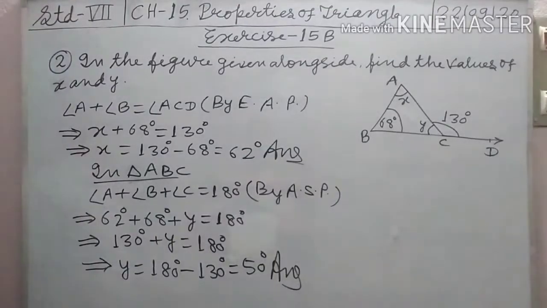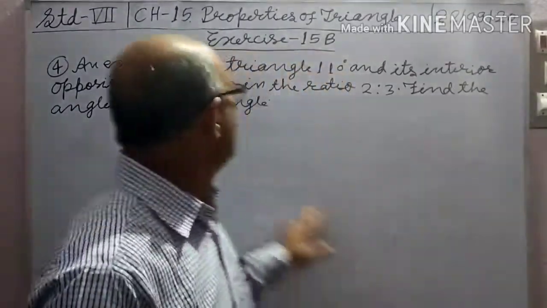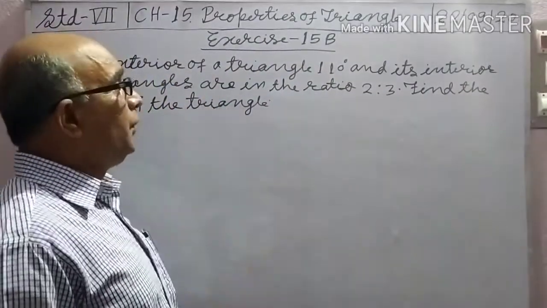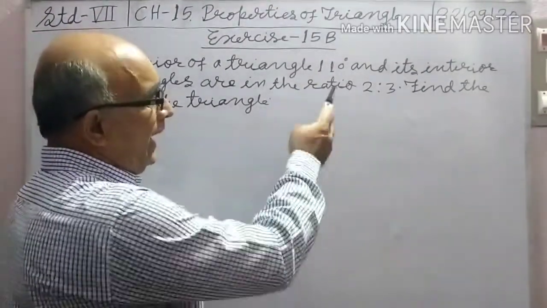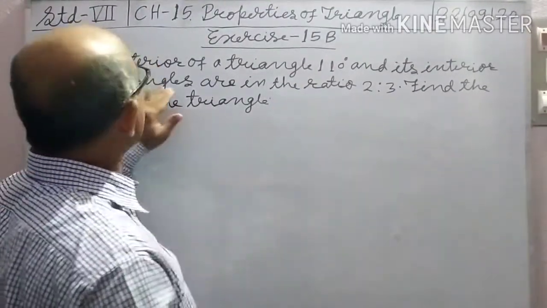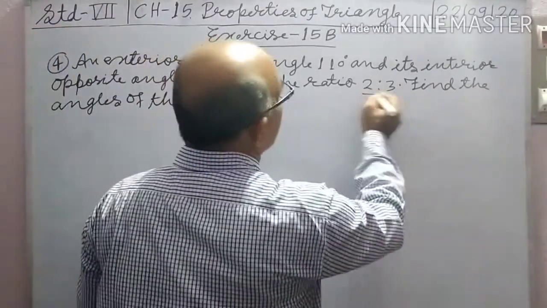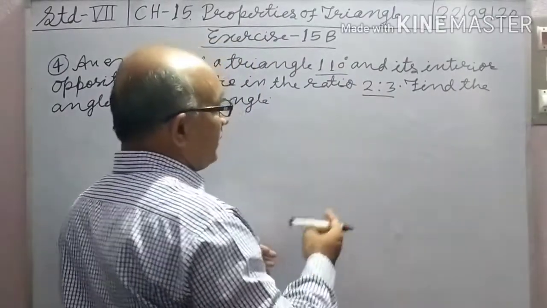Understand and write it. Students, next question is question number 4. In this question, an exterior angle of a triangle is 110 degree and its interior opposite angles are in the ratio 2:3. Find the angles of the triangle.